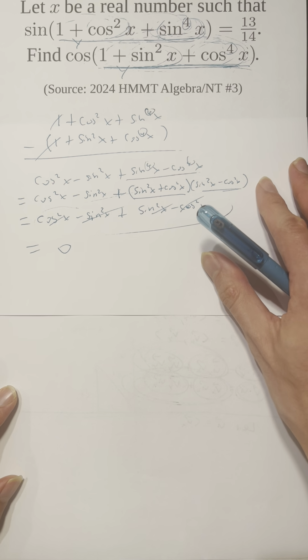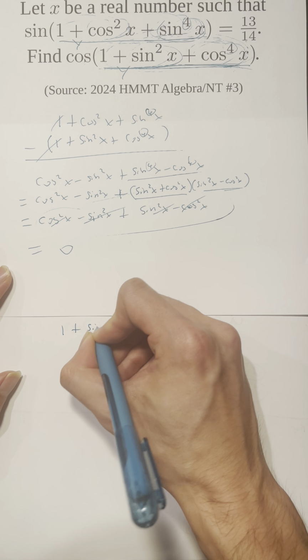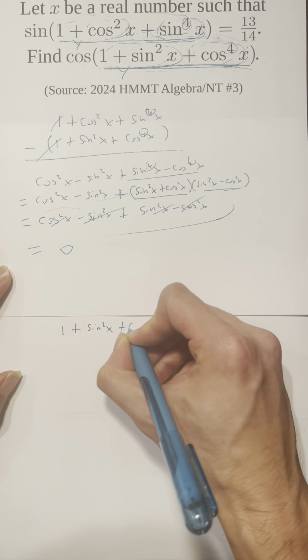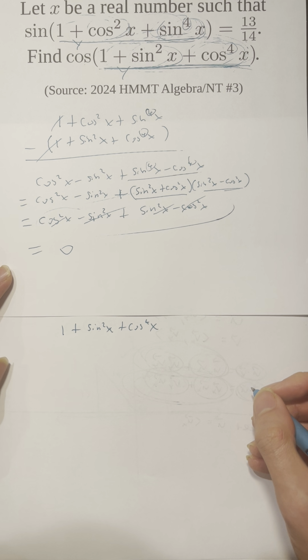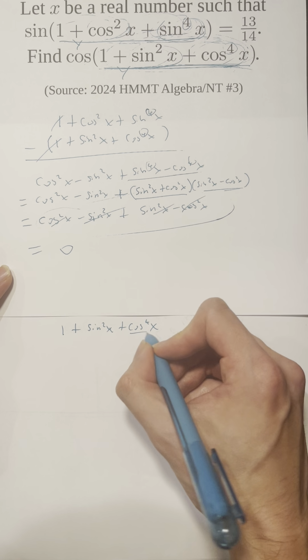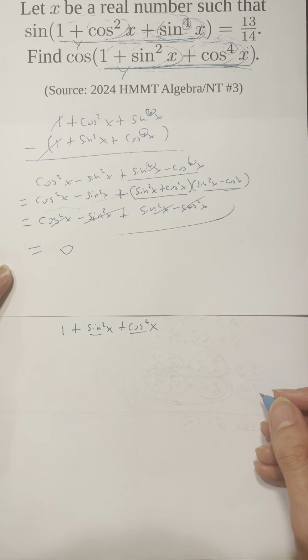Okay, so that's the approach we're going to try: minimize 1 plus sine squared x plus cosine to the power of 4x. All right, so how do we do that? Well, we've got two trigonometric expressions here. It would be much simpler if we were only working with one. So can we get there? Which one should we change?